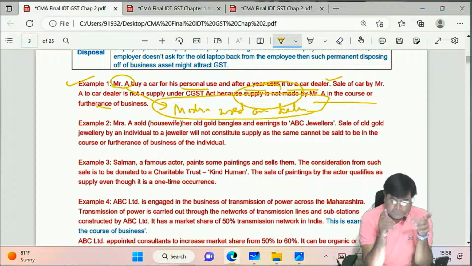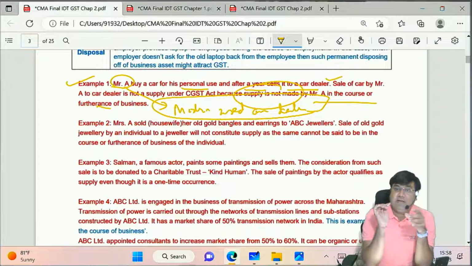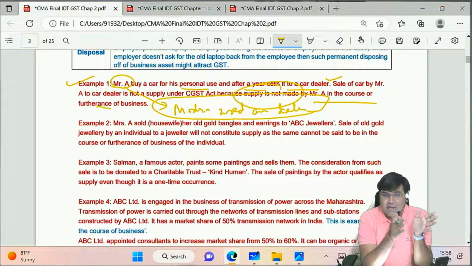The dealer is buying any car and selling it after, let's say, 1 month, 2 months, or maybe 1 year down the line. So whether it is going to be a supply subject to GST.